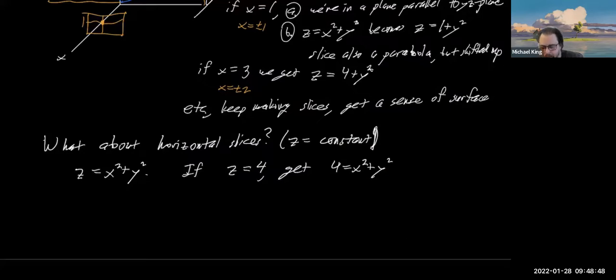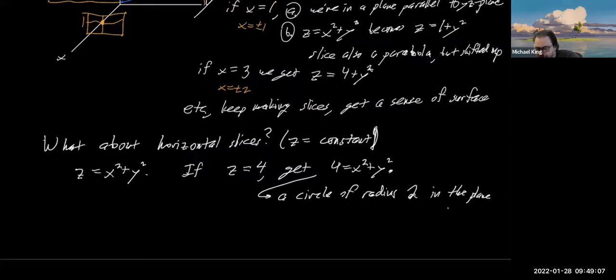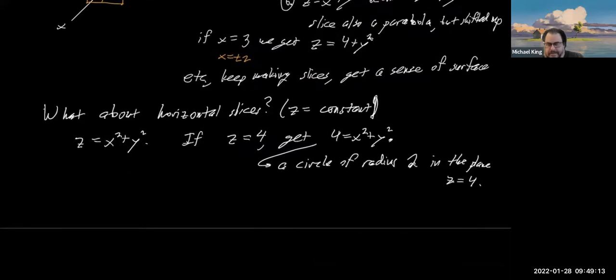So this is a circle of radius 2 in the plane z equals 4, so at height 4. That's what we have. And when z is 1, z is 3, we can imagine setting z equals constant.